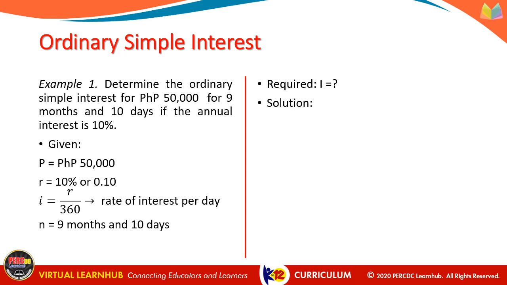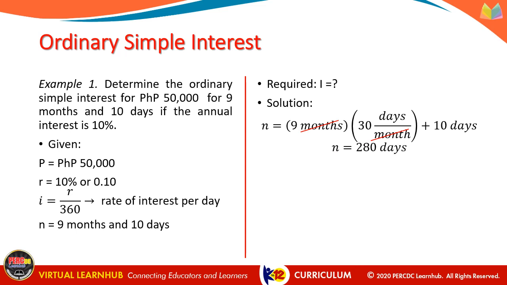Our solution would be, first, we need to convert 9 months and 10 days into days. That would be 9 months times 30 days per month. Okay, we can cancel the unit month, plus 10 days. That would be 280 days. Next, we use the formula I = Prn.